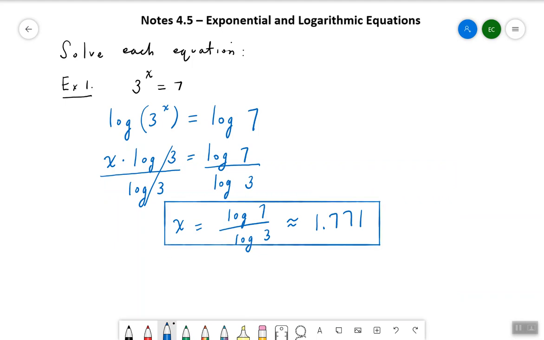I want to emphasize that we're finding the answer two different ways. We're finding an exact answer, which in this case requires logarithms to write it, and then we're getting an approximation as well.